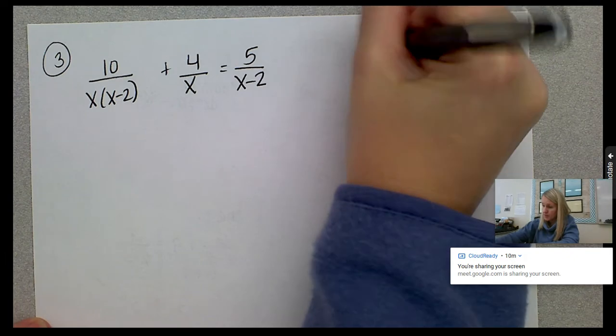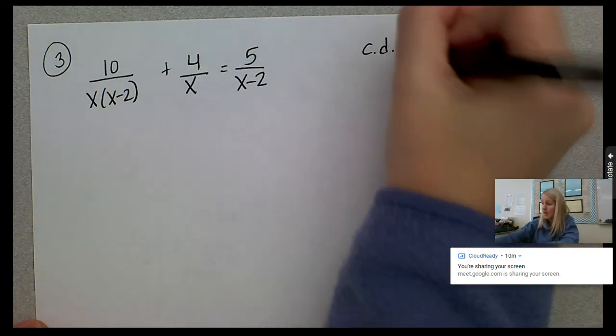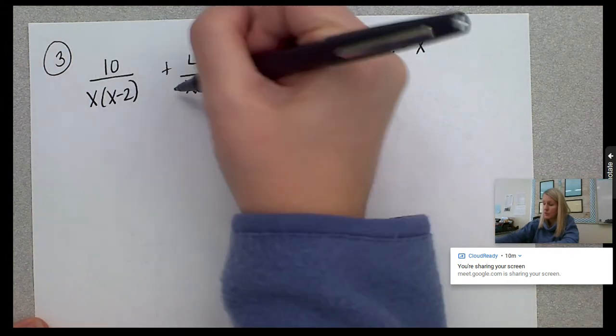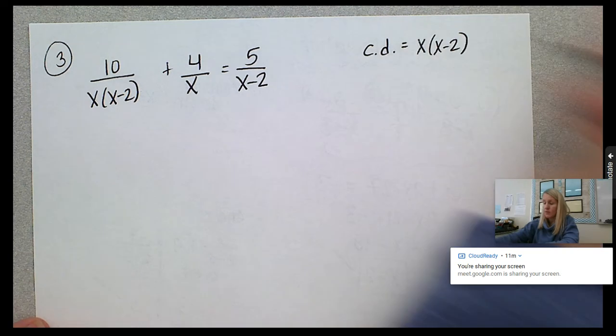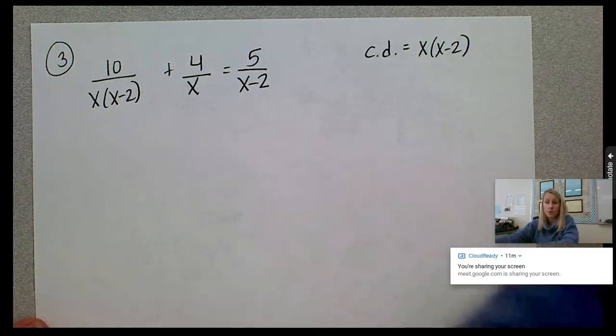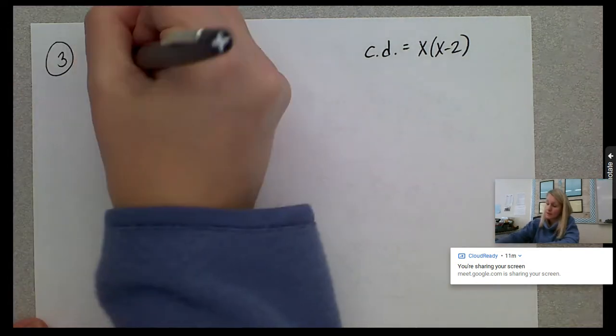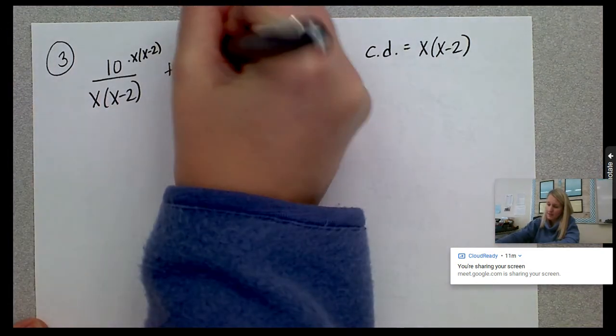I'm getting lazy, so I'm just writing CD over here. I know I need an x in the common denominator, right? There's one there and there's one there. I know I need an x minus 2. And now that I have that written, I see everything is represented. So my common denominator is x times x minus 2. So I'm going to go back and multiply each term times that. I line it up next to the numerator.